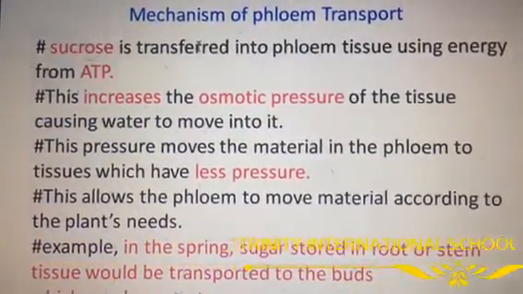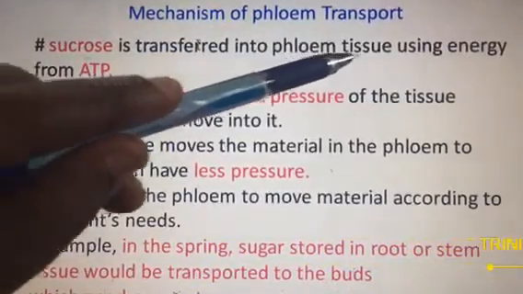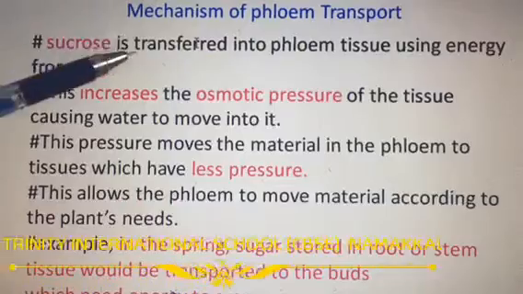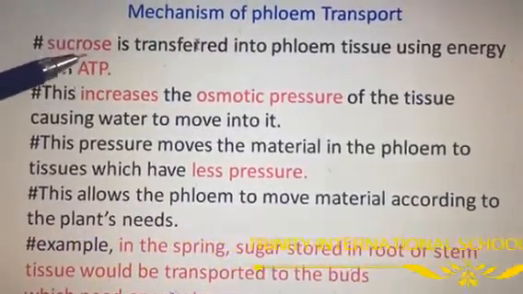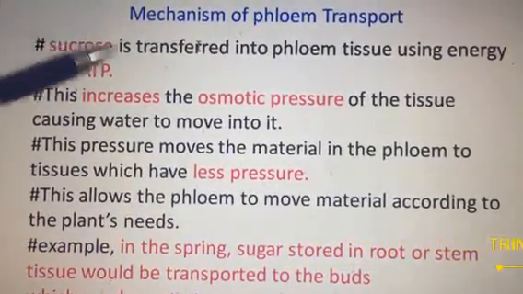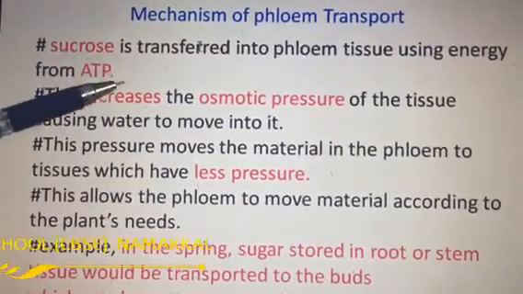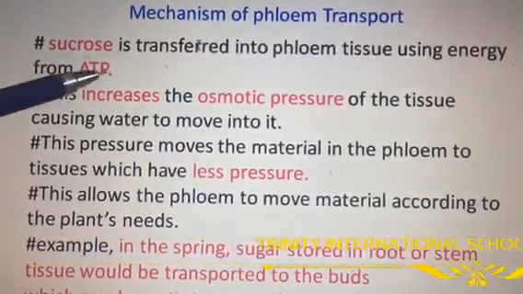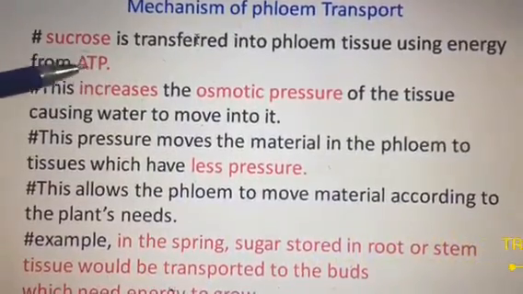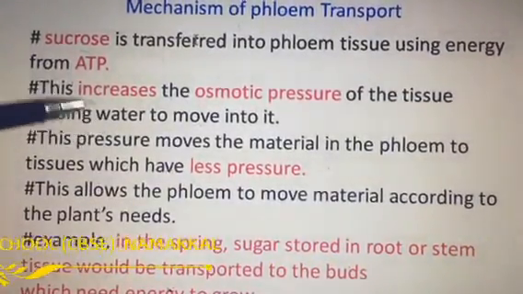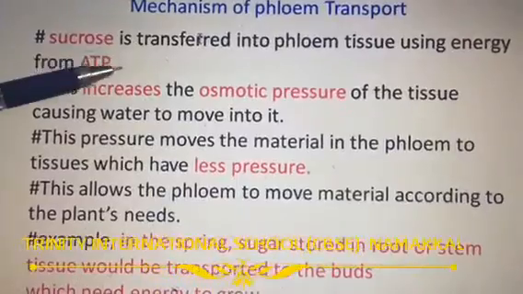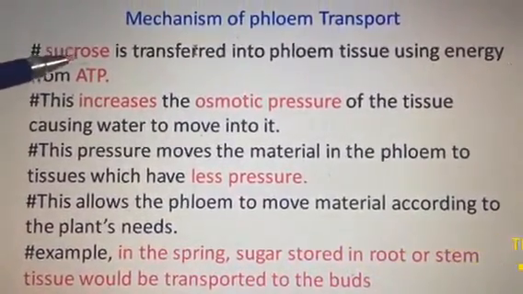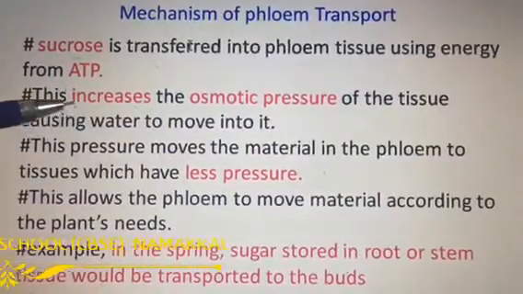The tissue uses energy from ATP for this transportation; the sucrose transportation needs energy. That energy is obtained from ATP, adenosine triphosphate, the energy currency, an energy giving molecule. It gives energy for the transportation of the sucrose.